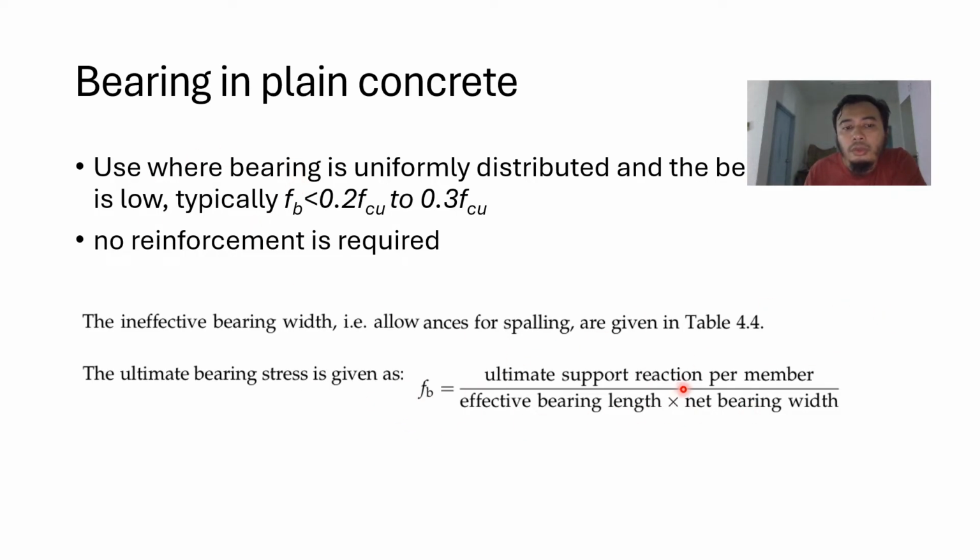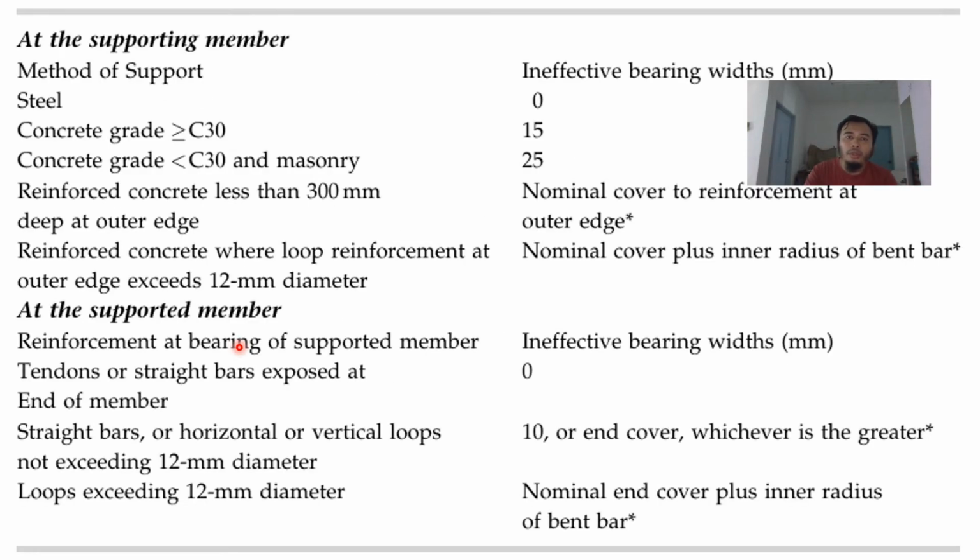You can start from this equation here, but the effective bearing length and net bearing width, the net bearing width, is related with your ineffective bearing width. It depends on your type of components and reinforcement and so on.